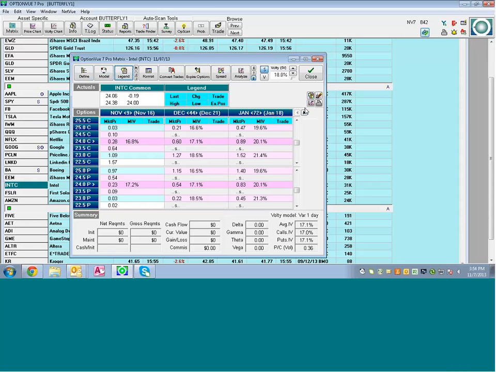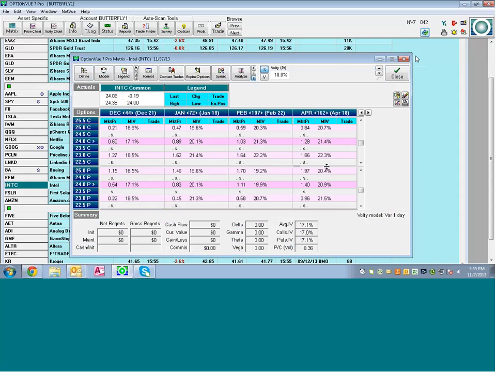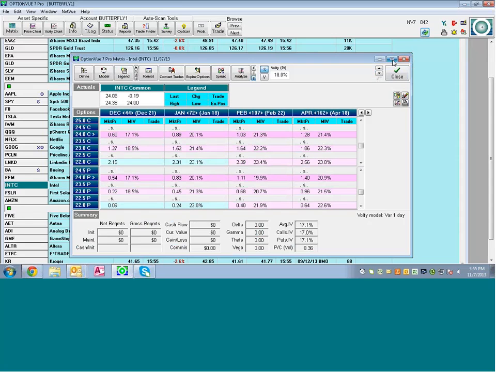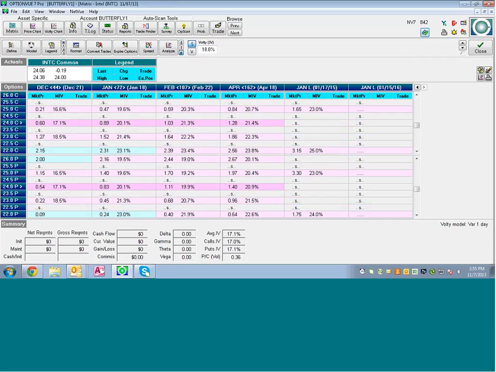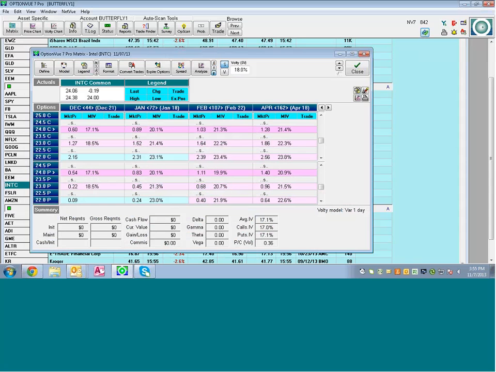There's a little right arrow here, and if I want to see more, I can do that. I can also make these screens wider. I can maximize the screen by clicking that button in the middle, or minimize it again, and I can move the screen anywhere on the monitor area.